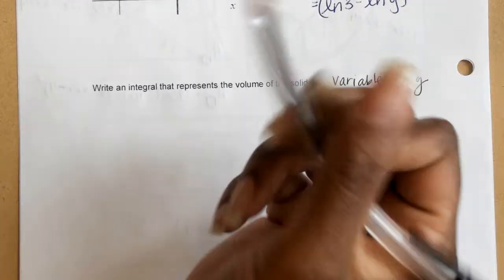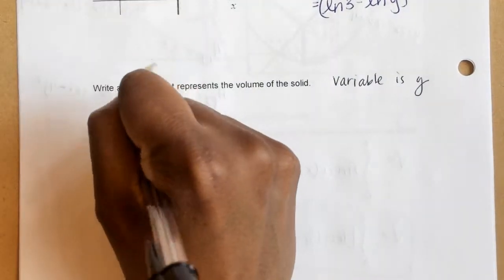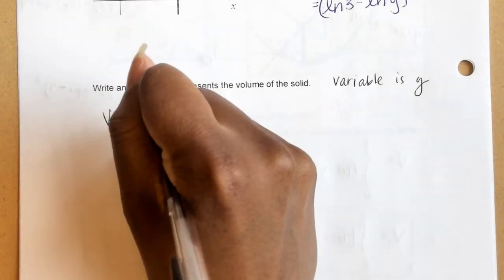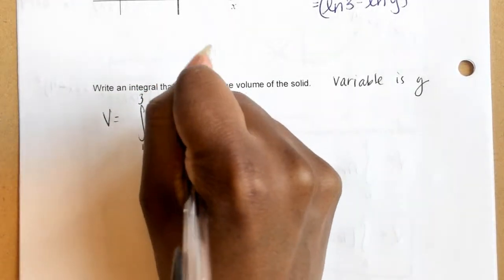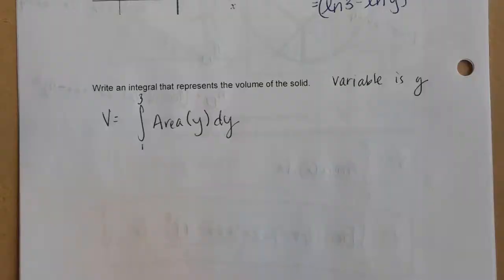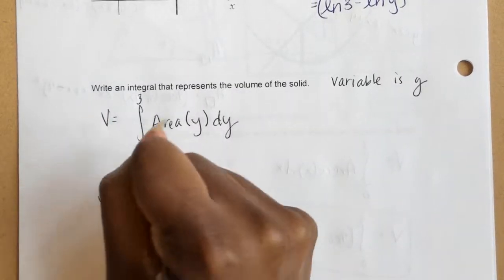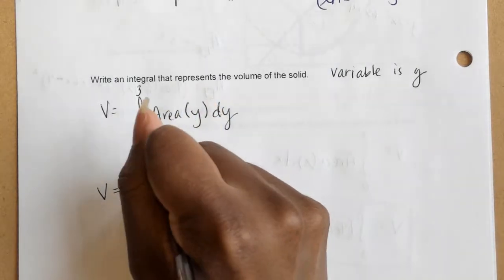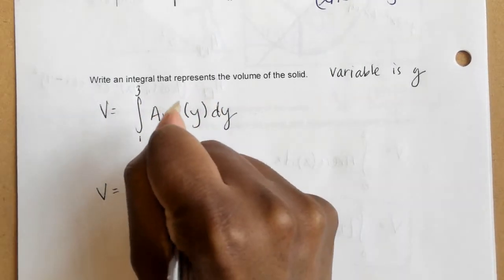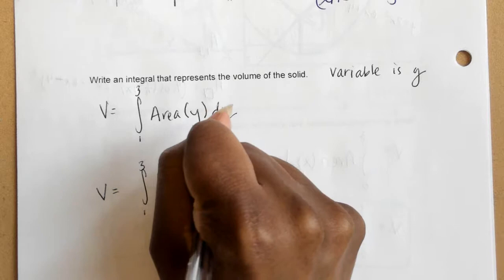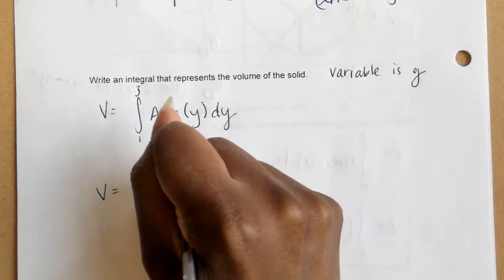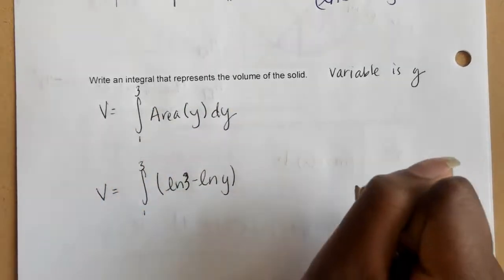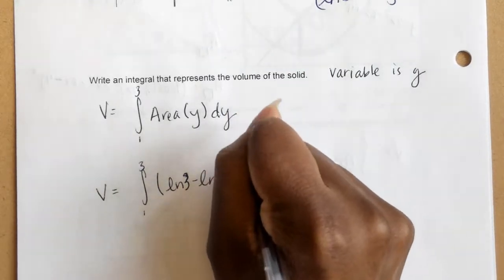So we're going from 1 to 3 of the area as a function of y, dy. So we have the integral from 1 to 3 of ln 3 minus ln y, squared, dy.